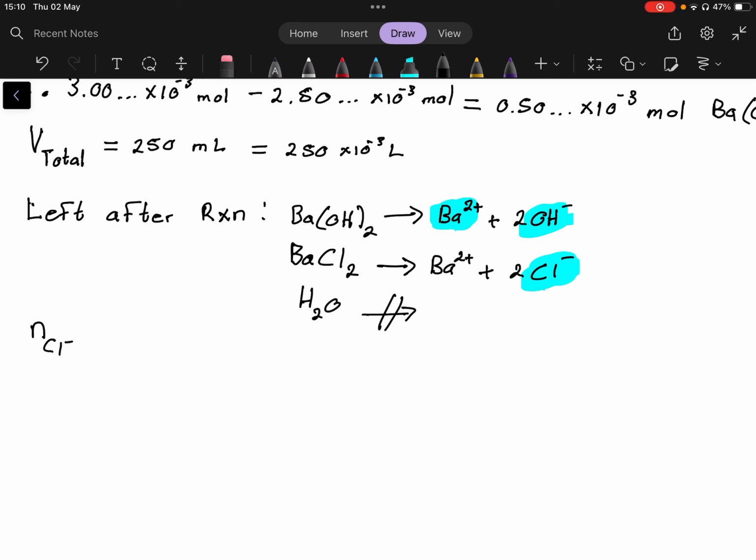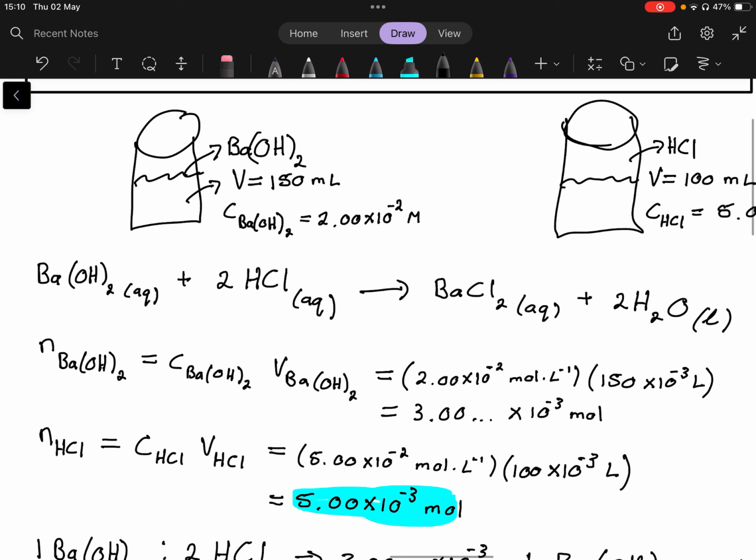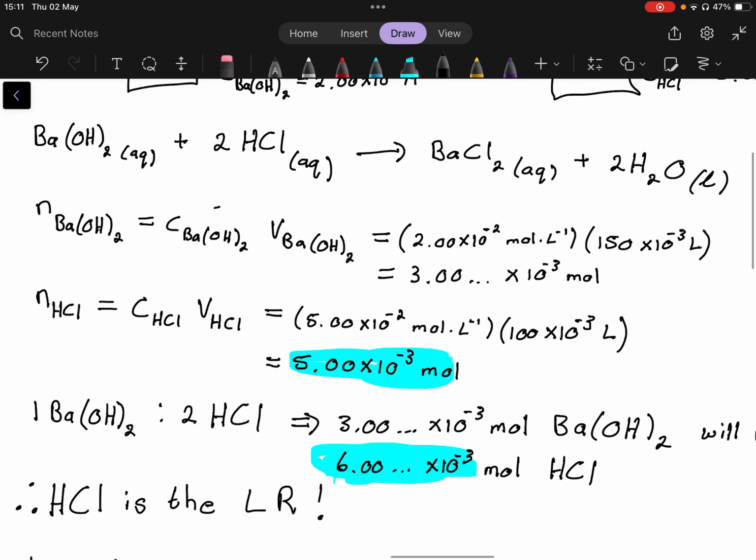So let's start with the easier ones. So let's start with the number of mole of Cl minus that has been produced. If we look at our equation, we see that, of course, there cannot be more Cl on the right-hand side than there is on the left-hand side. And we've already calculated the number of mole of HCl. So meaning HCl is 1 hydrogen for every 1 chlorine.